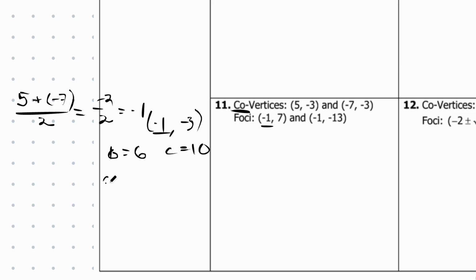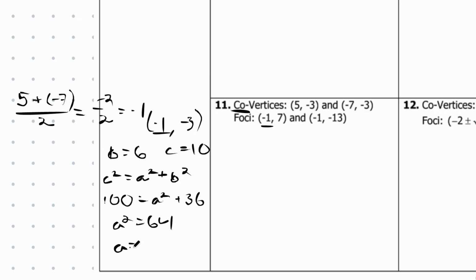Now we use c squared equals a squared plus b squared. So c squared is equal to 100. A squared we're trying to find. Then b squared is equal to 36. So that means if we move that 36 over, a squared is equal to 64, which means a is equal to 8.